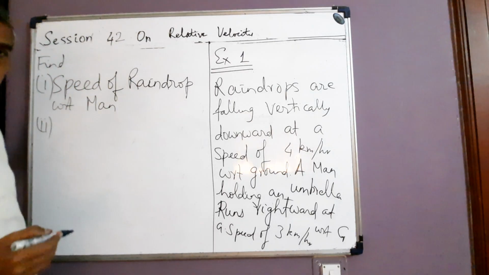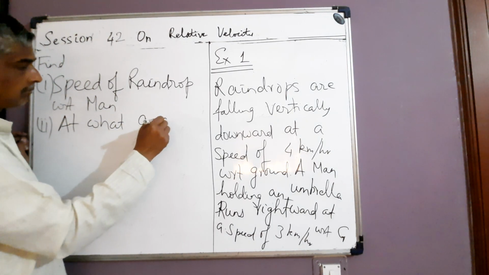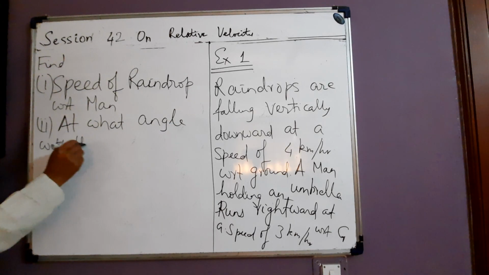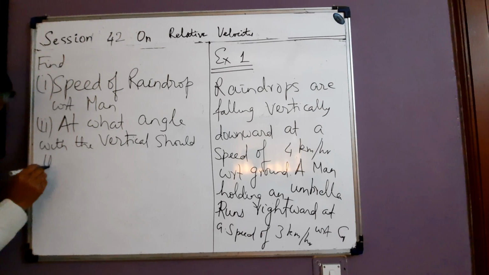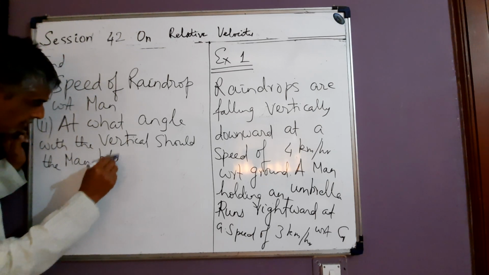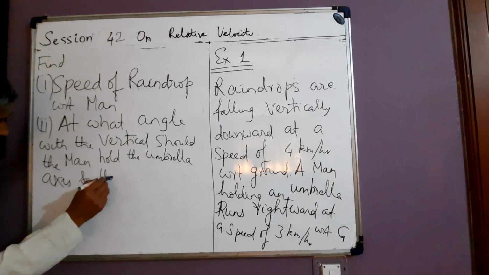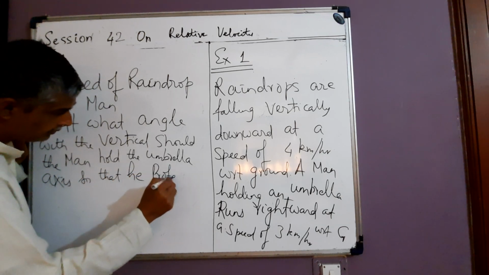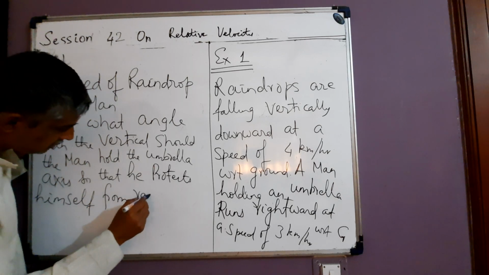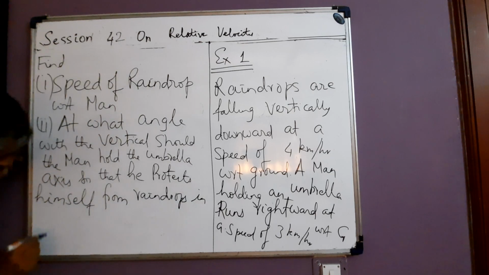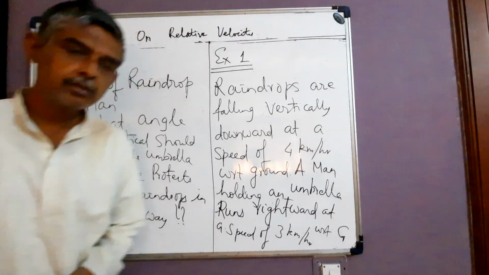And second, at what angle with the vertical should the man hold the umbrella axis so that he protects himself from raindrops in the best possible way. Okay, this is the question.